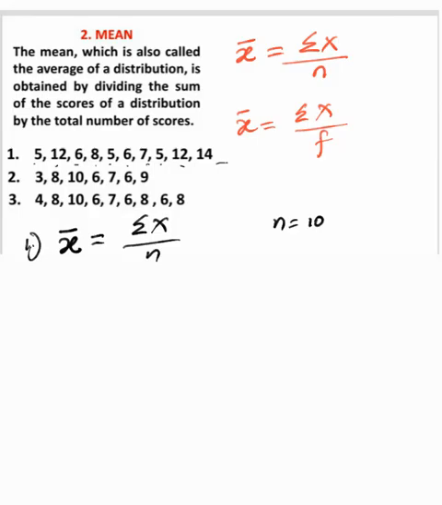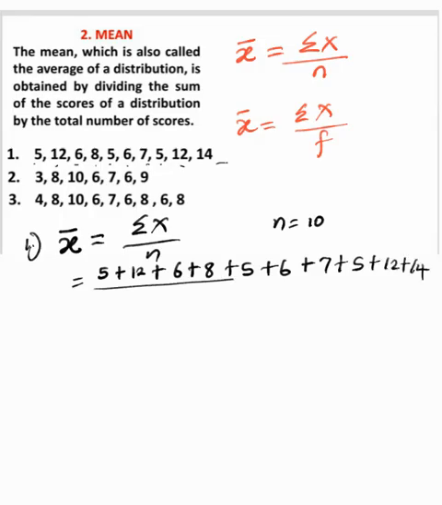So now we are going to sum the whole scores there: 5 plus 12 plus 6 plus 8 plus 5 plus 6 plus 7 plus 5 plus 12 and plus 14, over the number of scores, that is 10.